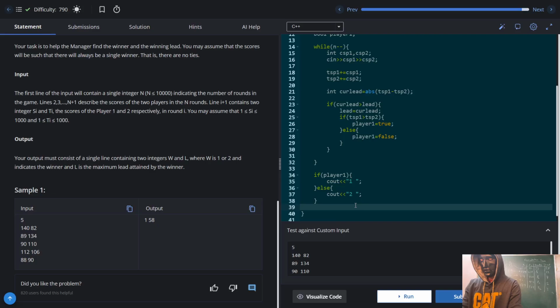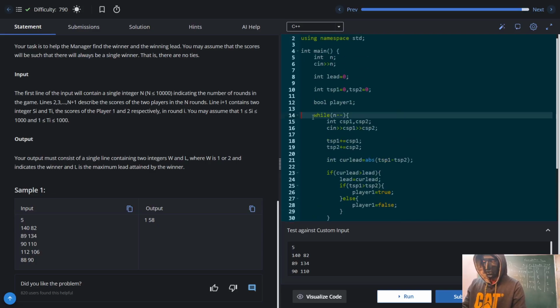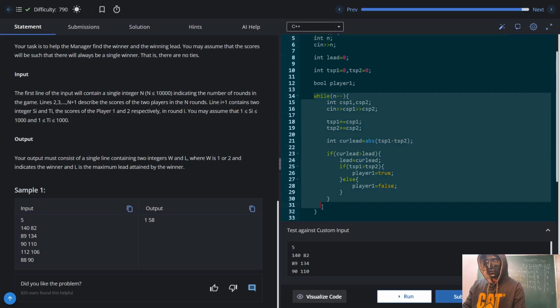So for that you'll have to display again the lead, and you just put endl. And this one I think you guys are clear, like every time we take the round we decrease the round by 1, so that only end round will be taken care of.